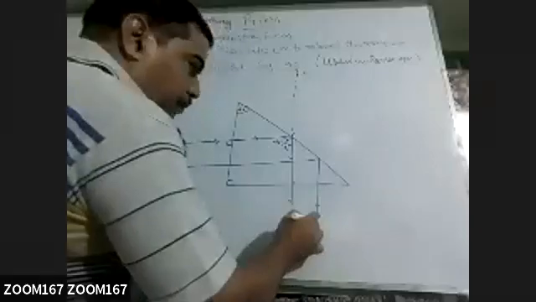So if we see from here, the object is appearing like this. The image is somewhere like this.